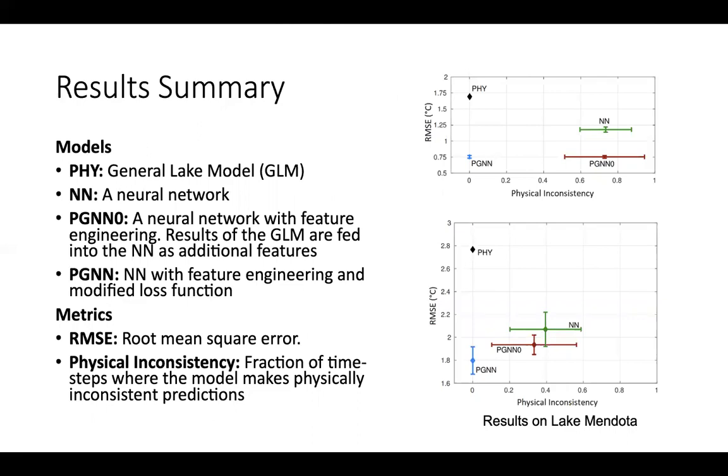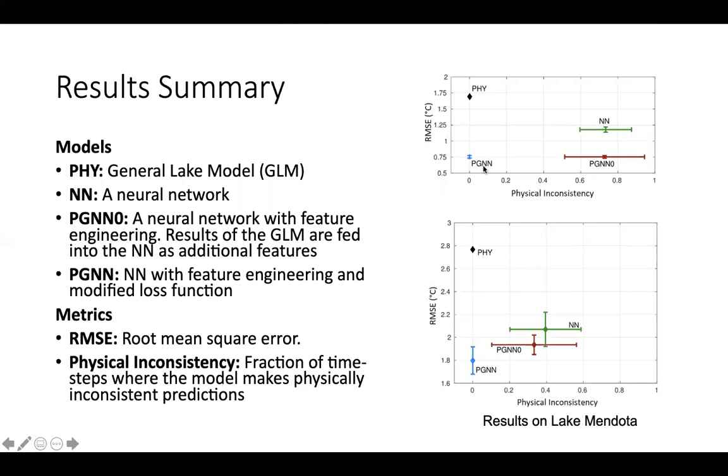Quantities are defined, so the predictions are not going to vary from a particular value. And there are results from just using the data, the features, using a neural network, and then a neural network which is using results from a general lake model, and the physics-guided neural network approach that I just described.